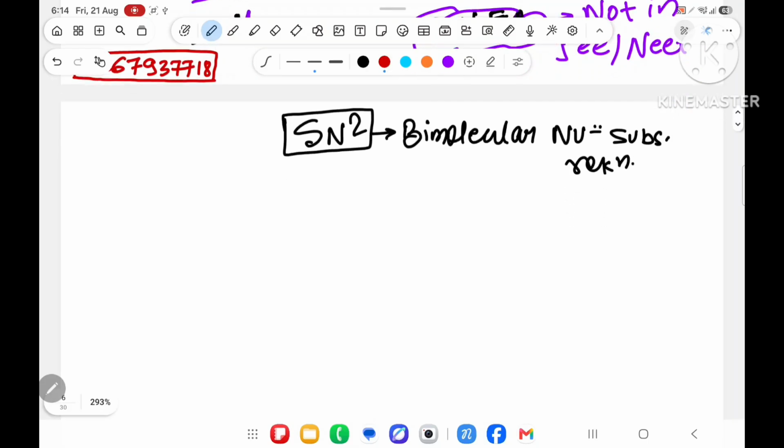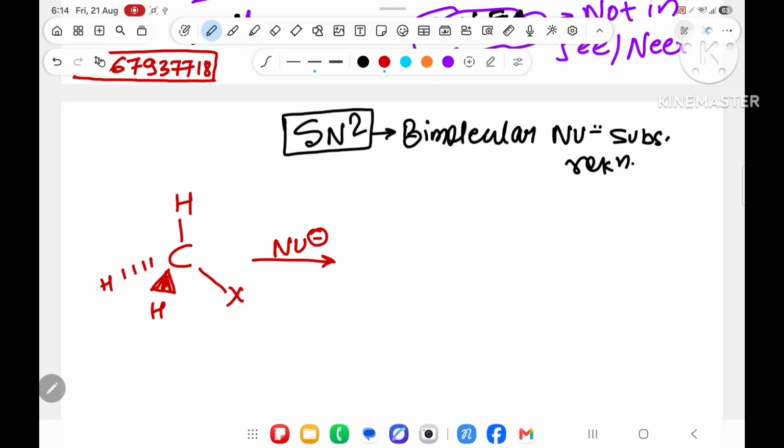Now, SN2, what happened? Suppose over here is C, over here H, on the wedge position there is another H, on the dash position there is another H, and over here X is there. Some nucleophile has to attack. This nucleophile will attack from the back side, the inversion side.